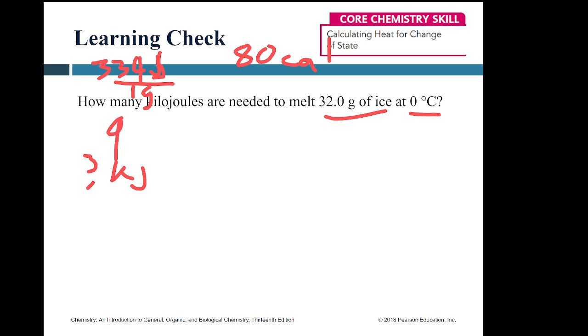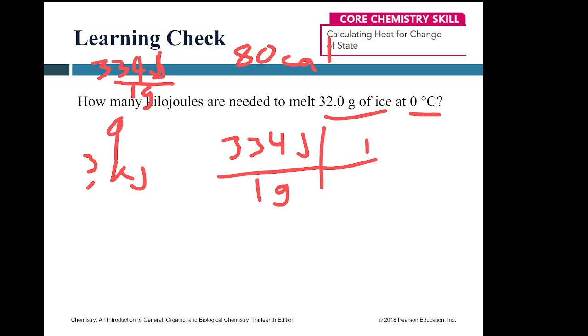Okay. So, we go into kilojoules first. 334 joules over 1 gram. How do we get into kilojoules? Yeah, we put kilojoules on top, joules on the bottom, and there's 1,000 joules.